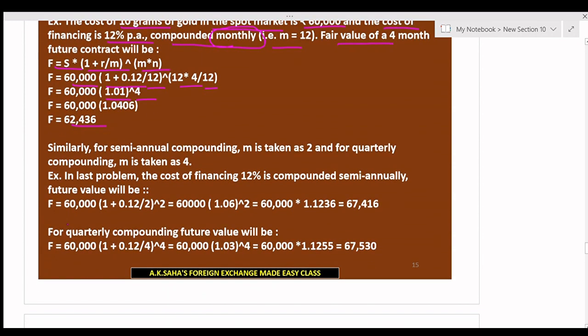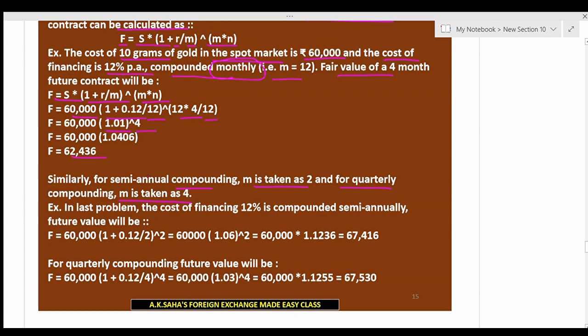Similarly, for semi-annual compounding, M is taken as 2, and for quarterly compounding, M is taken as 4. For example, in the last problem, 60,000 is the spot price of the gold and the 12% cost of financing is compounded semi-annually.